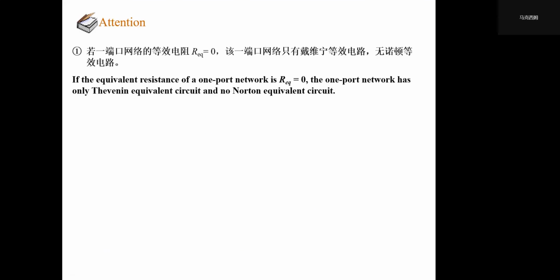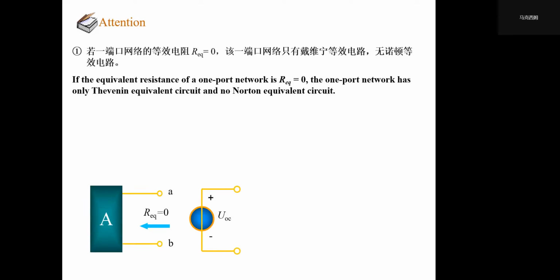For some special cases, we have no equivalent resistance. For example, like this one, we have a resistance equal to 0, and then we only have this equivalent Thevenin transformation, and there's no Norton equivalent circuit.